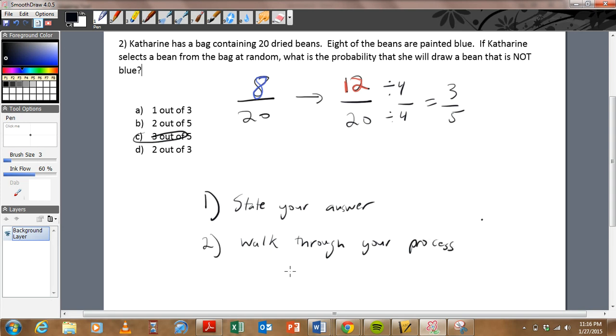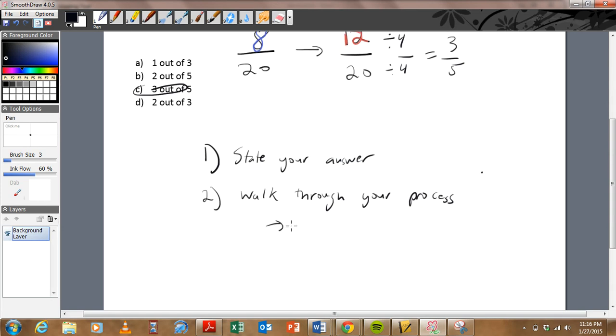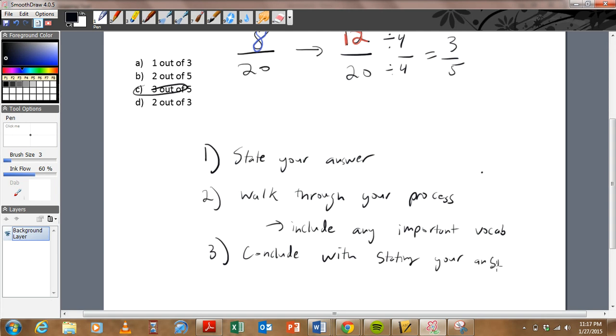And this you need to include any important vocab. So complement, desired outcome, sample space, those are all things that I'm going to be using. And finally, 3, conclude with stating your answer. Any solid math justification has to be at least, I would say, 5 sentences.